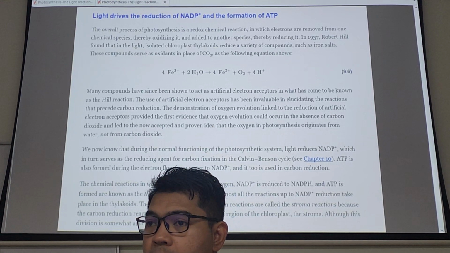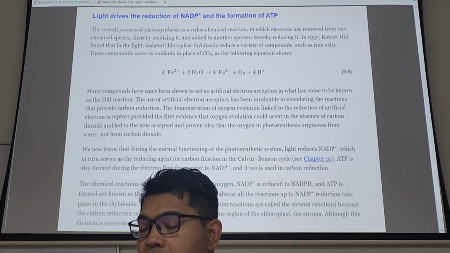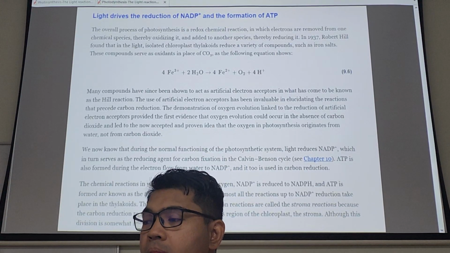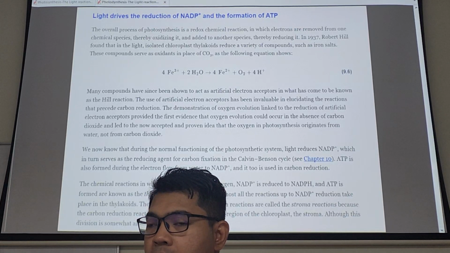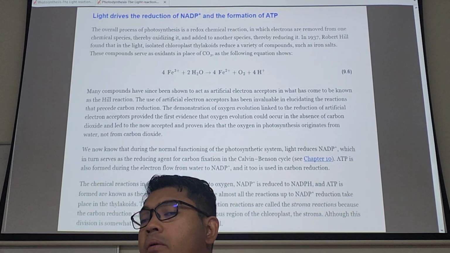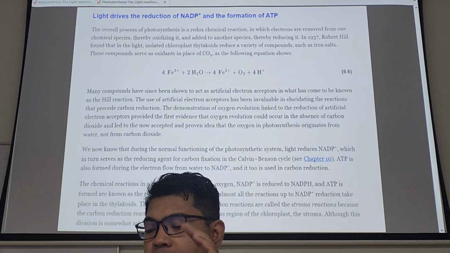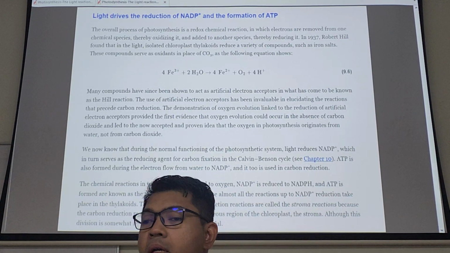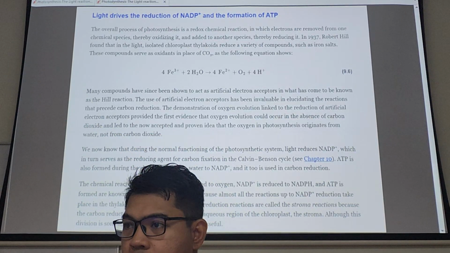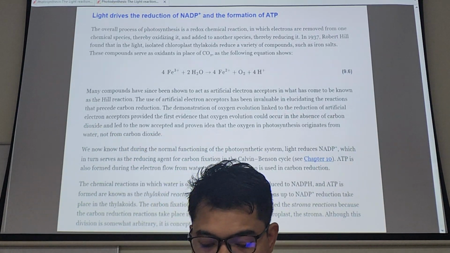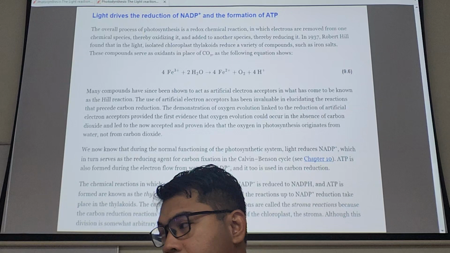Reduction, oxidation. Remember, in science, when something is said to be reduced, reducing, or reduction, it involves the action of giving hydrogen. Okay? For example, I'll give you one example here.